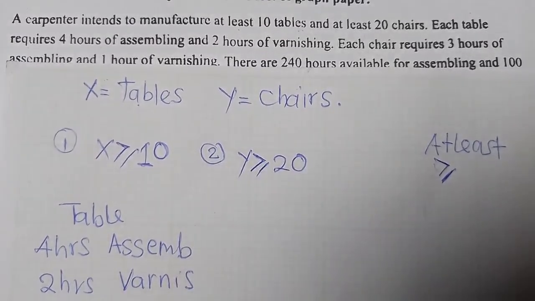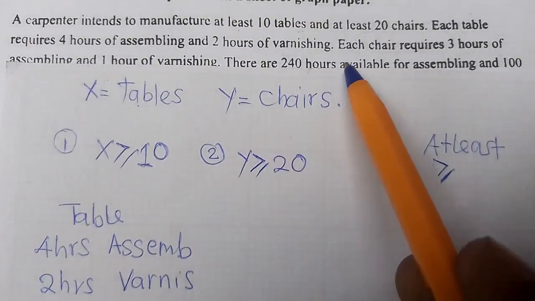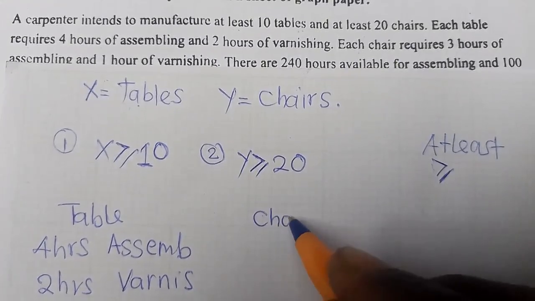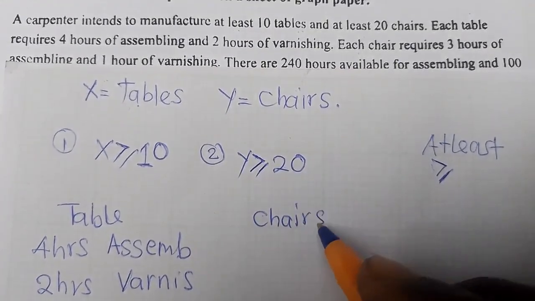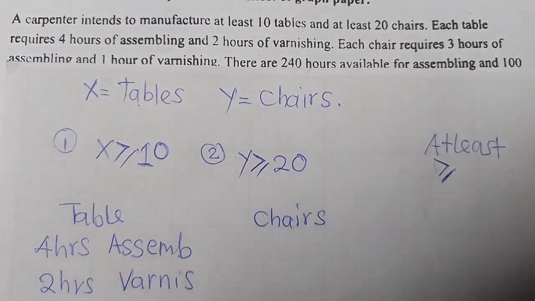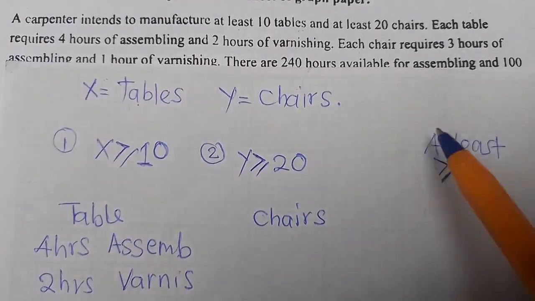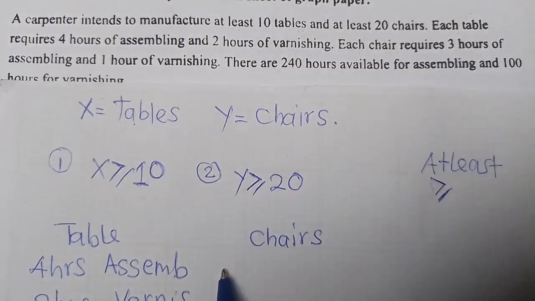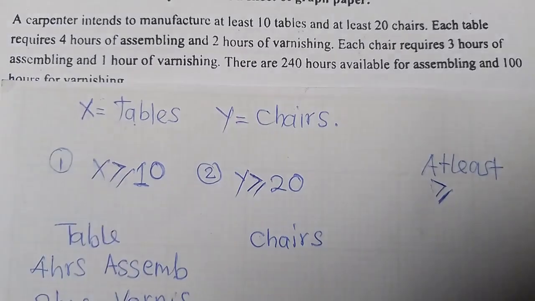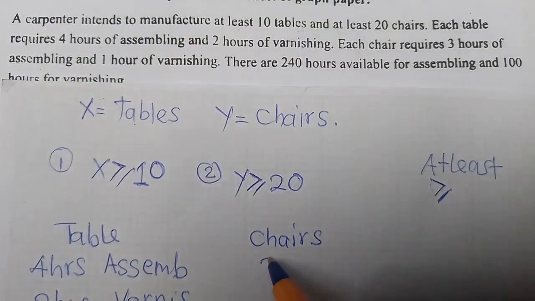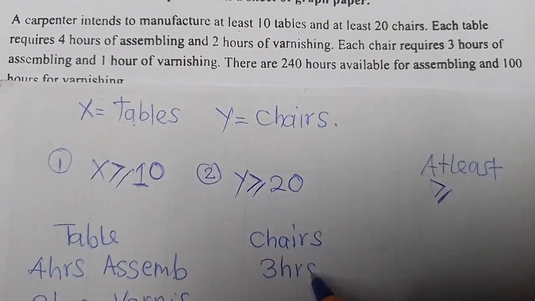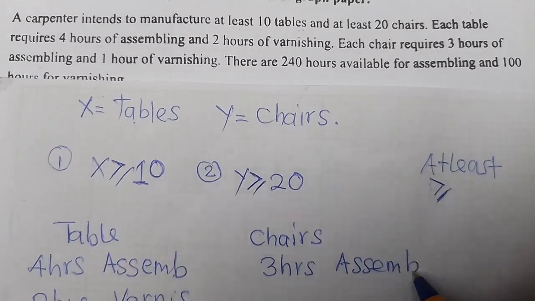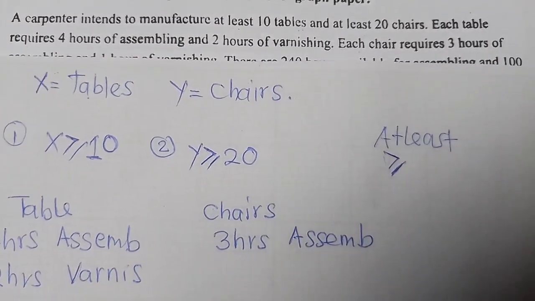I'm going to do that. Then each chair, you do this, on a chair. So those are chairs. What you're going to do is that each chair requires 3 hours of assembling. So 3 hours is for assembling.